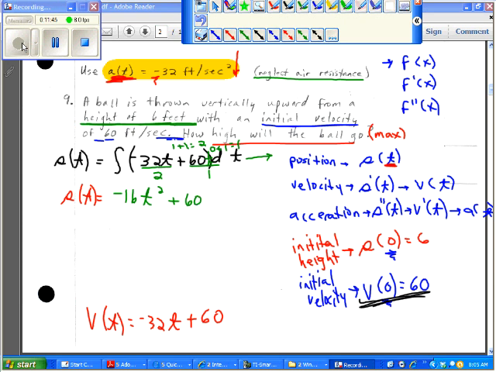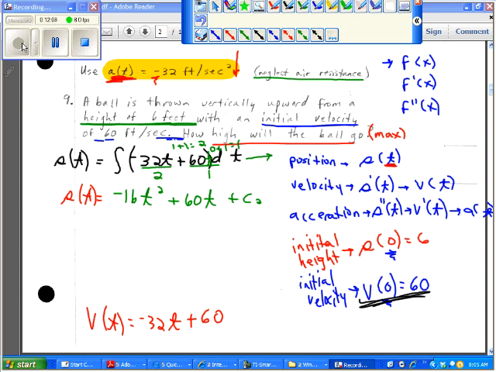So 60 divided by 1 is 60, and then t to the first. And then plus some constant, and we'll just call it C2. So we got that.